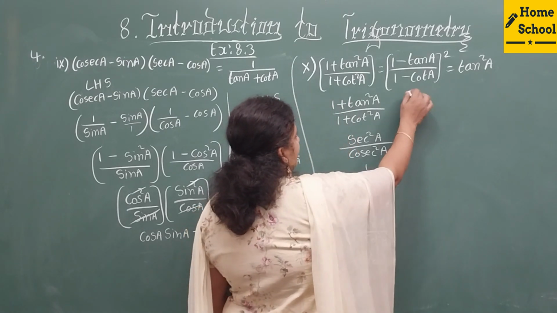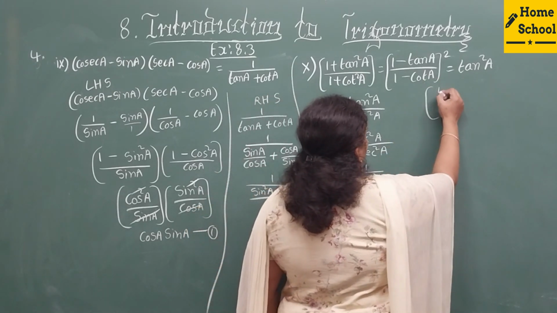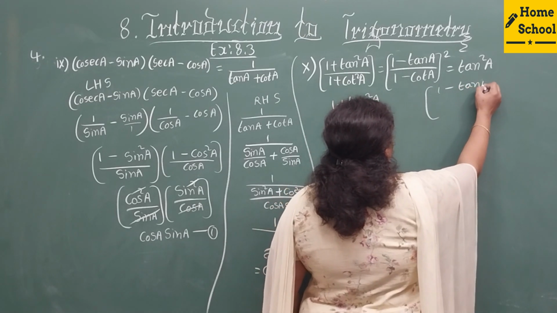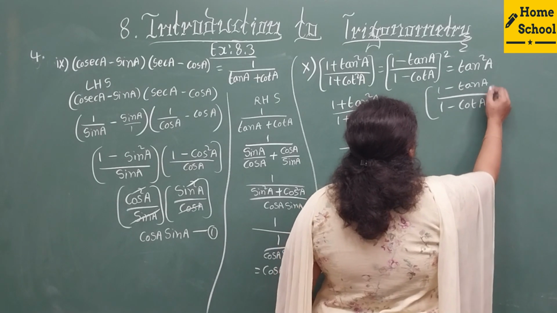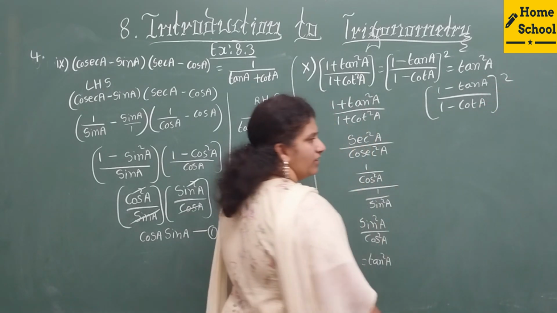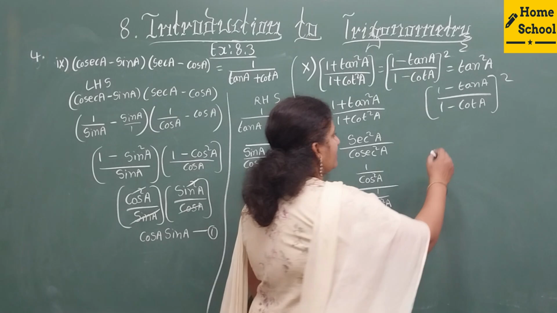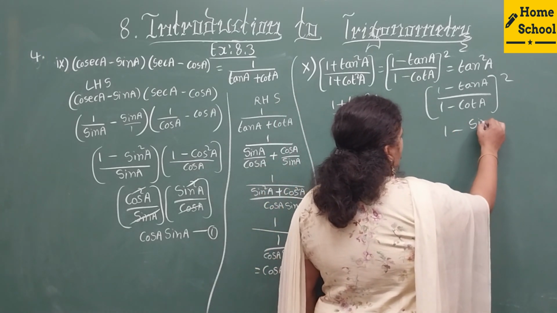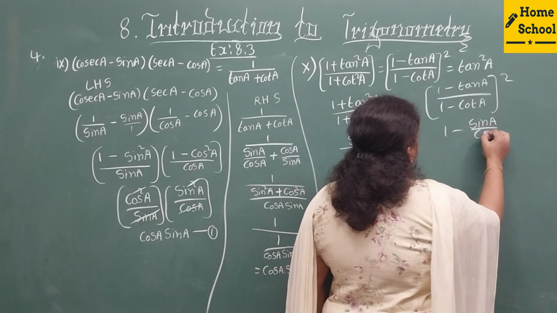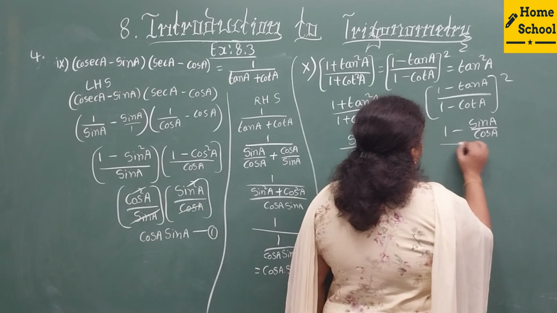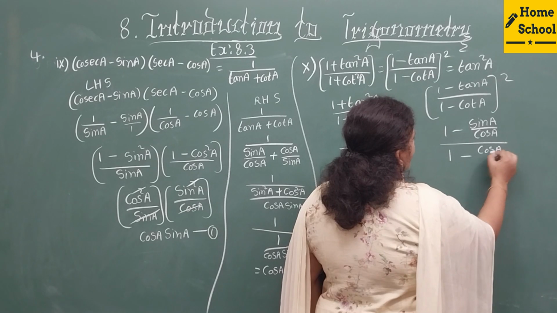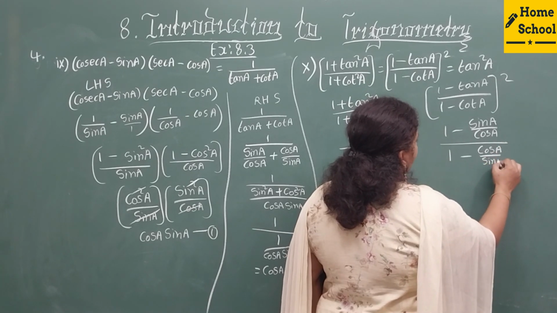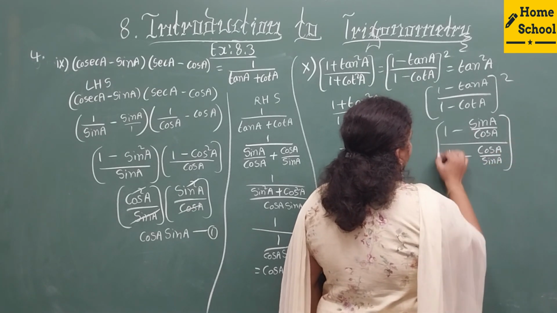So let us take this one, consider this set. 1 minus tan A by 1 minus cot A whole square. Okay. So tan A is nothing but sin A by cos A divided by 1 minus cot A is cos A by sin A whole square.